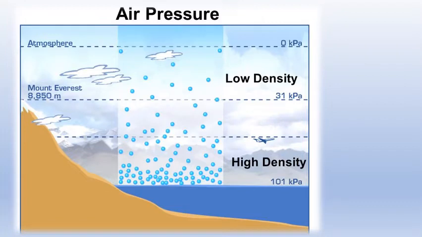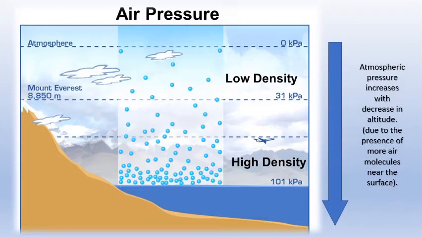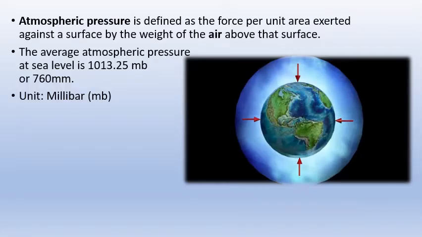The weight of the upper layers is acting down, giving a downward force pressure always on the lower layers, and that is why air pressure is always maximum near the surface and air pressure decreases with increase in altitude. Atmospheric pressure can be defined as the force per unit area exerted against a surface by the weight of the air above the surface.